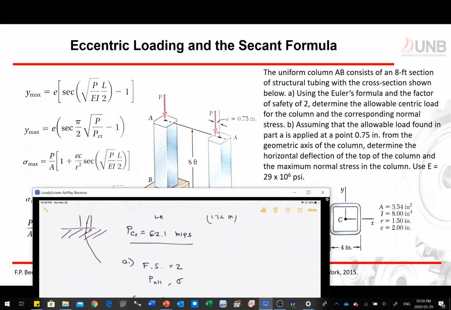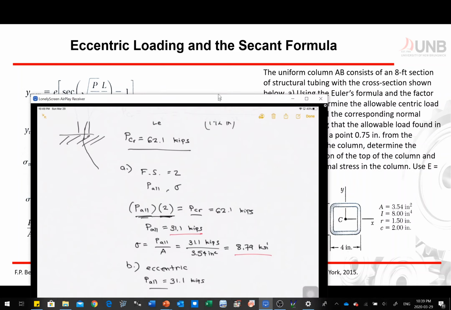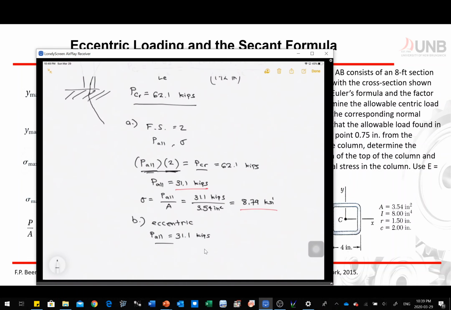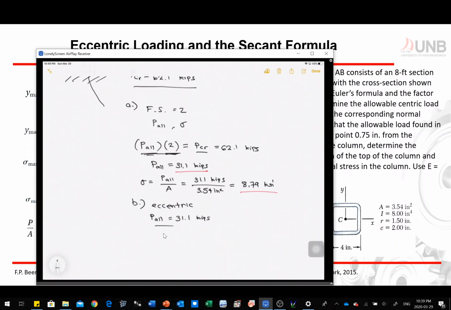However, you have to add your moment, which is created by this E right here. So this allowable right here is still valid, but later on we're going to add the effect of moment and so on. We're going to look at those equations later.